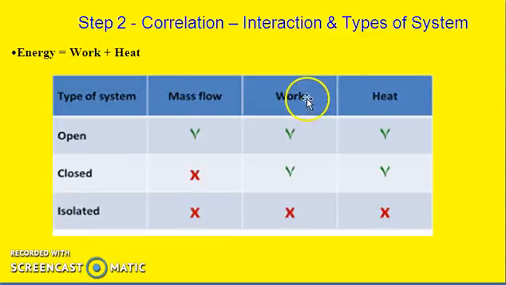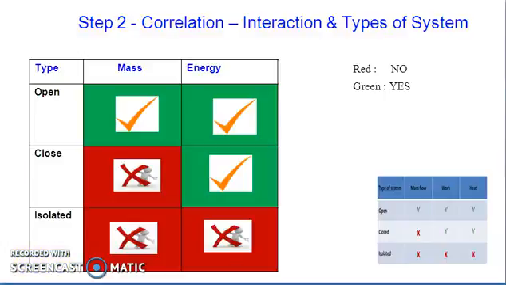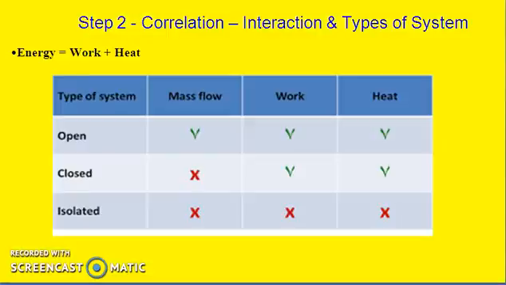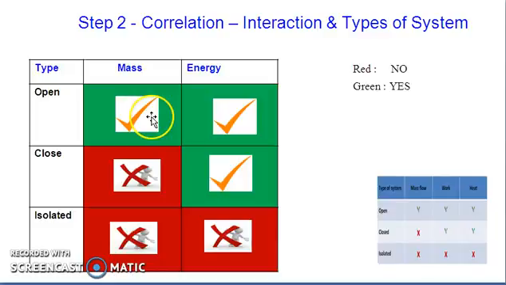To expand it a bit further, here we have three determinants: mass, work and heat. Work and heat put together represent energy, energy either in the form of work or heat. This is exactly the same as the concise description given in this slide. So how do we understand the correlation of interactions and the types of system? For an open system, as we understood in the previous slide, there must be both mass and energy interactions.